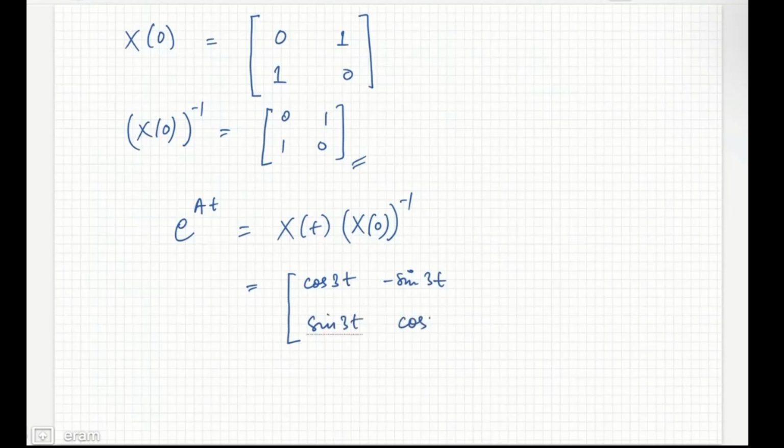So this is how you can calculate the exponential, or the state transition matrix, which we generally call e to the power At, by using the fundamental matrix solution in this way.